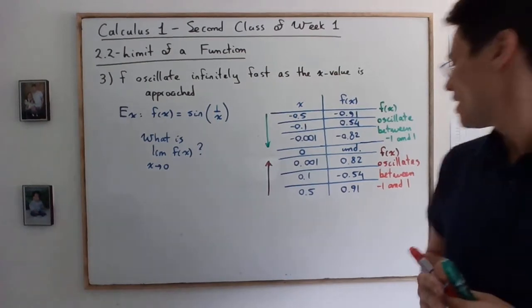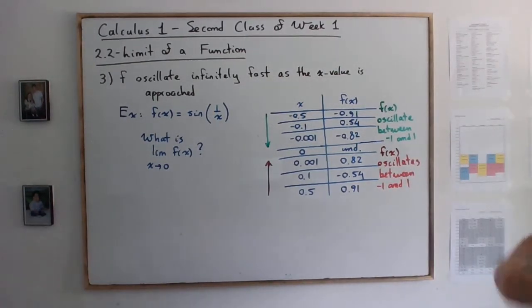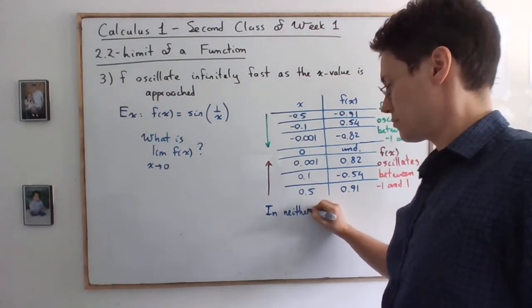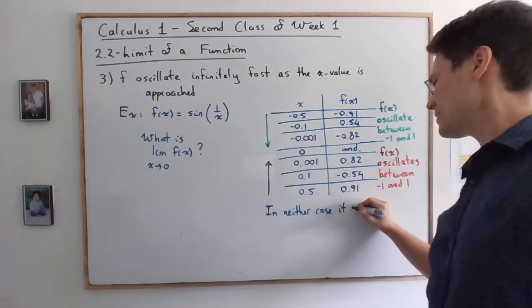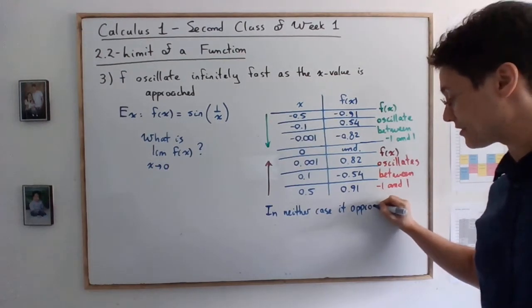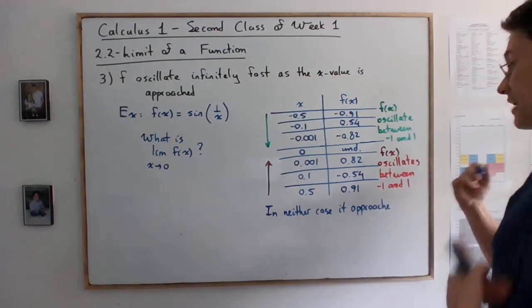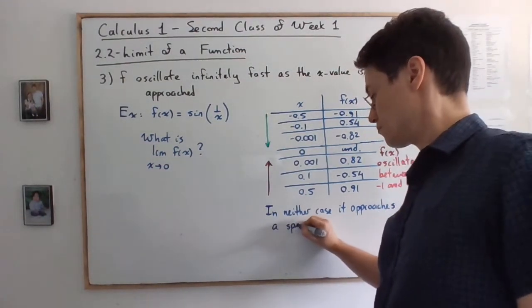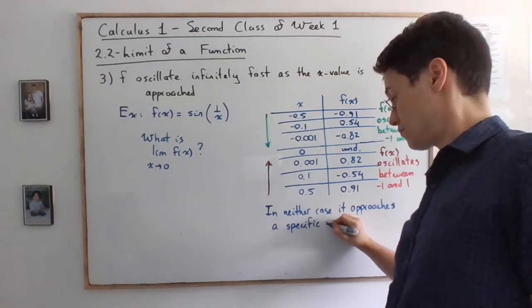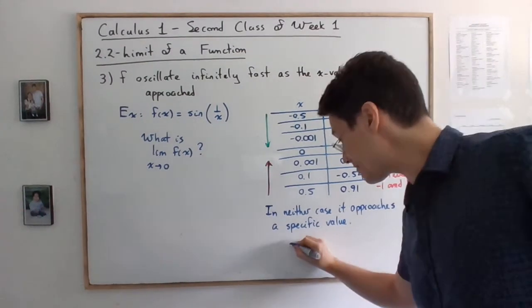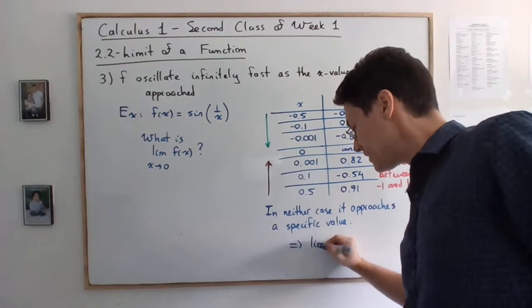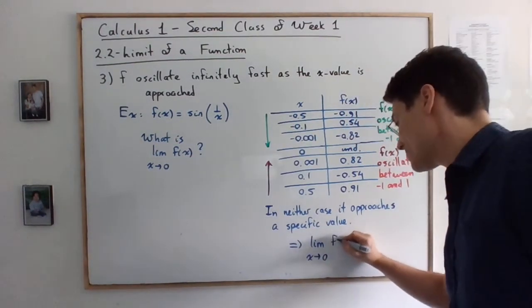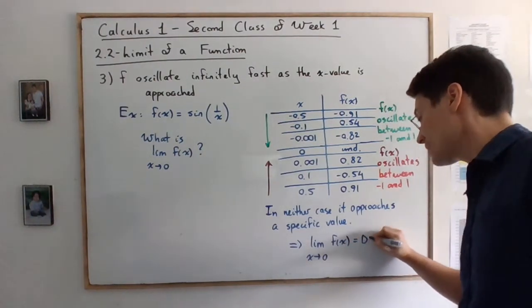The main message is that in neither case does it approach a specific value. It just oscillates past any kind of value it can take. Because of this, we say that the limit as x is approaching 0 of f of x does not exist.